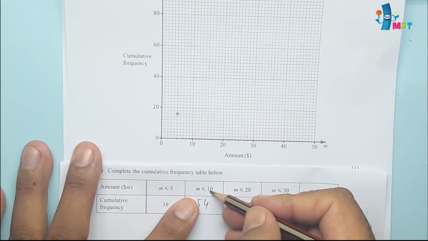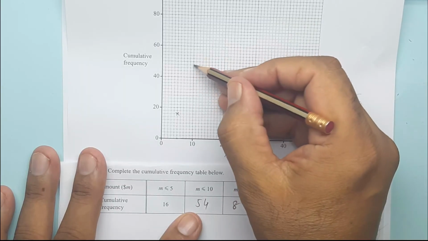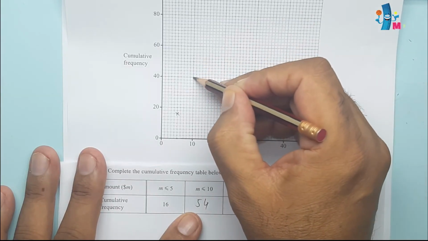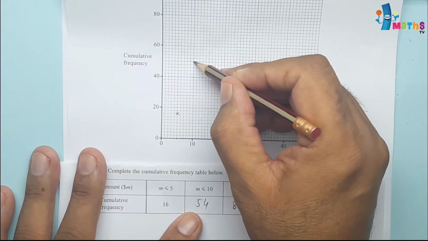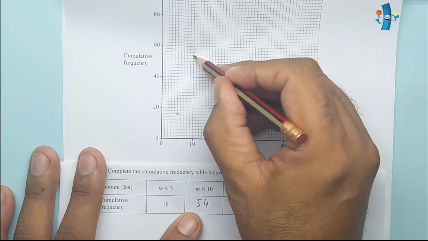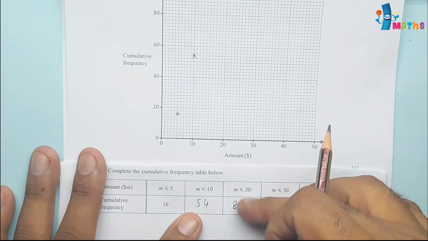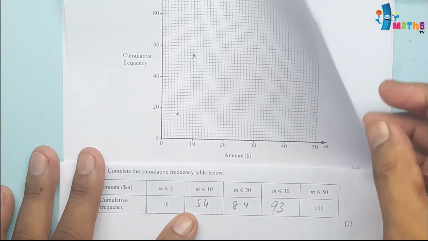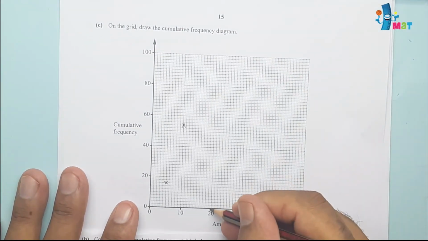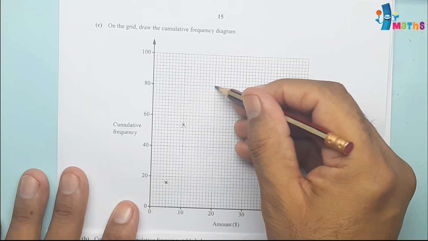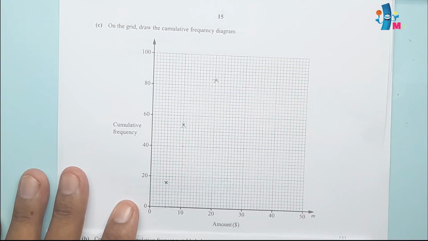And less than or equal to 10 is 54. 54 will be 40, and half will be 50, and 52, 54. So this will be our point. Then for 20 it is 84, so I will put 20 and 84 here, 80, 82, 84. So this will be the point.